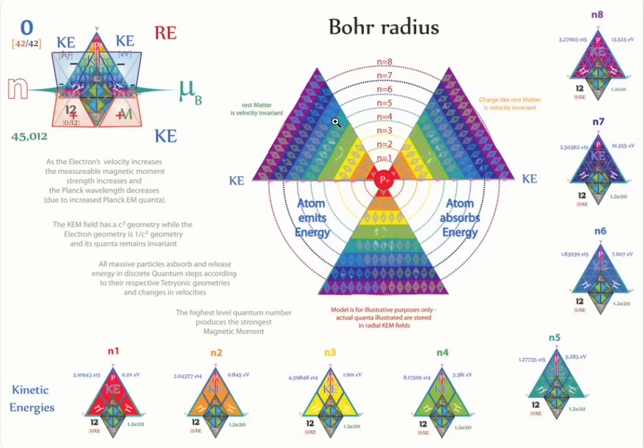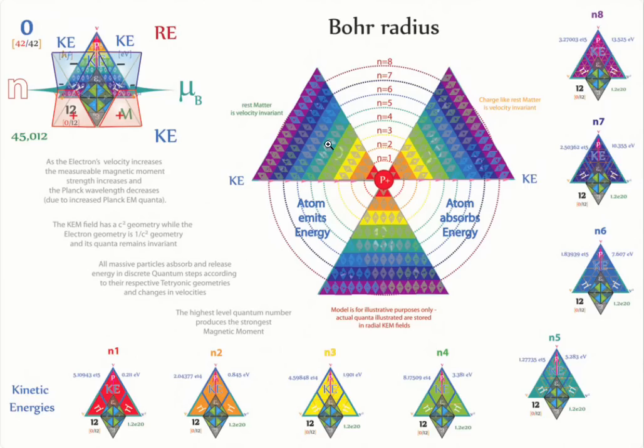We can stylize this as a nice schematic for an electron with varying quantum levels of energy, and we can show using this with circular lines between the energy levels that as the electron drops from N8 energies down to whatever N1, N2, N3, it does so by releasing energy or emitting energy from its chem field.